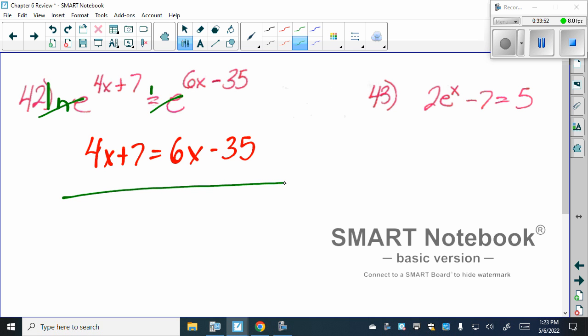So we can add 35 to both sides. Just erase it, it's gone. 4x plus 42 equals 6x.